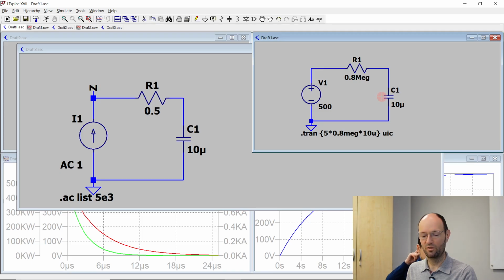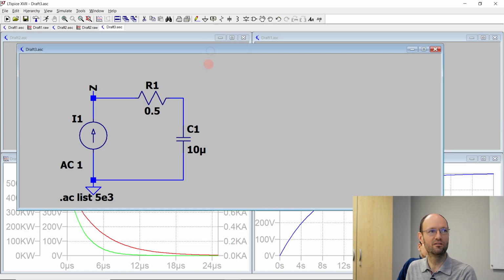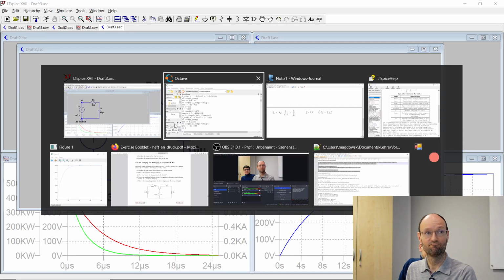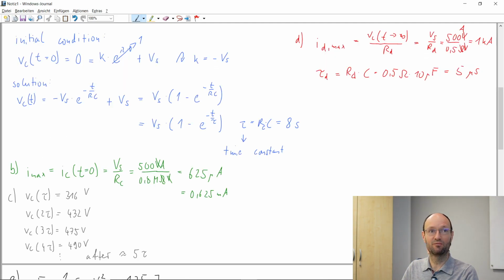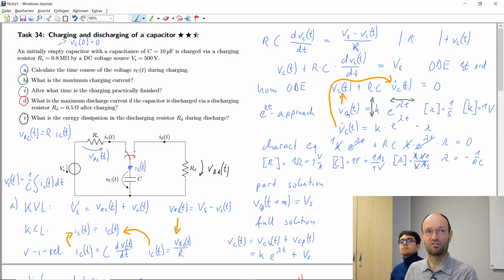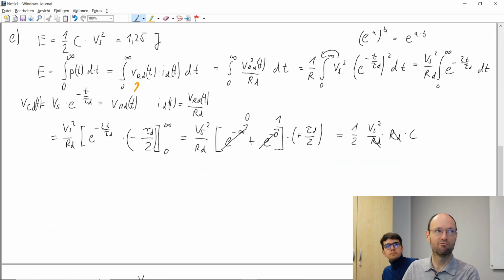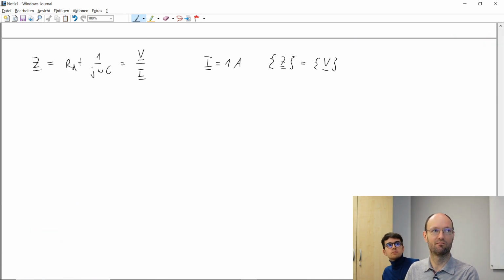And so what we could do, and what we have more or less done right now already, is we have solved this circuit in frequency domain, which is usually much simpler, because what we did here solving this circuit in time domain was quite challenging, and solving the circuit in frequency domain is much simpler, just this equation.